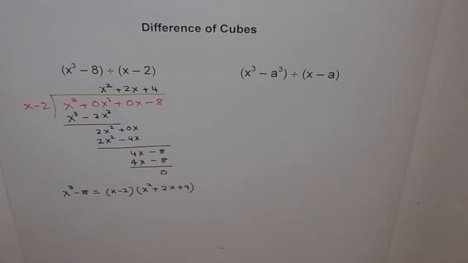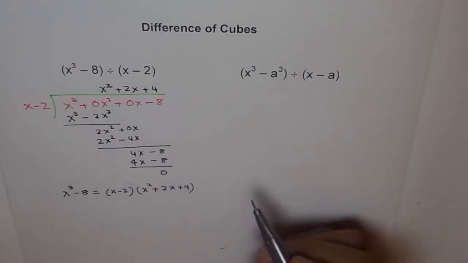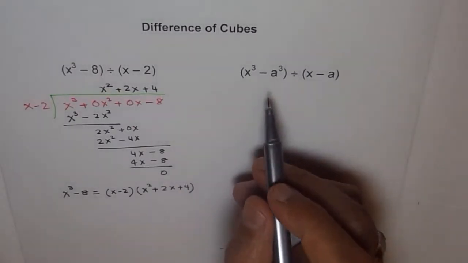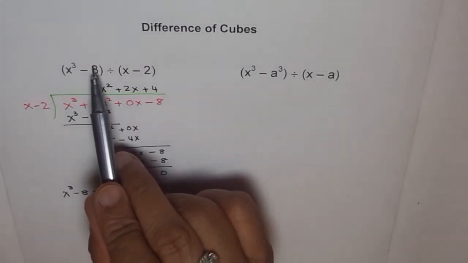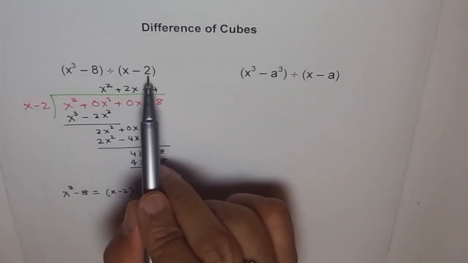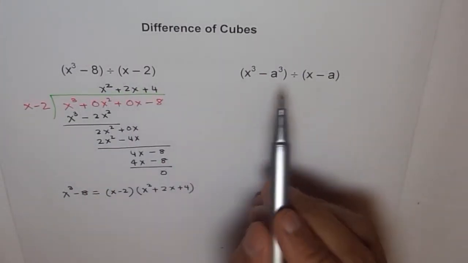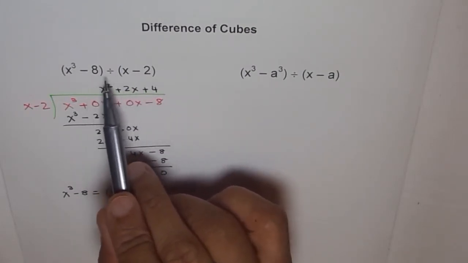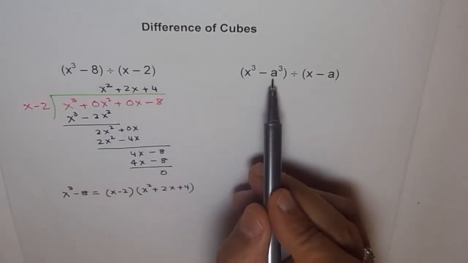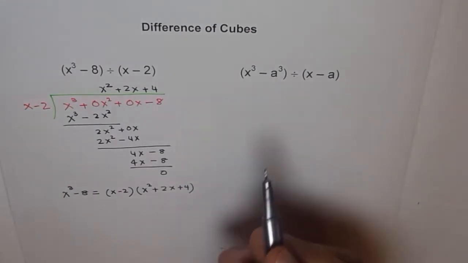Fine, so we've done the first part. Second is kind of general. This is a cubed minus... instead of writing a number 2 or 3 or 5, we are taking a general term a so that we can derive a general formula.